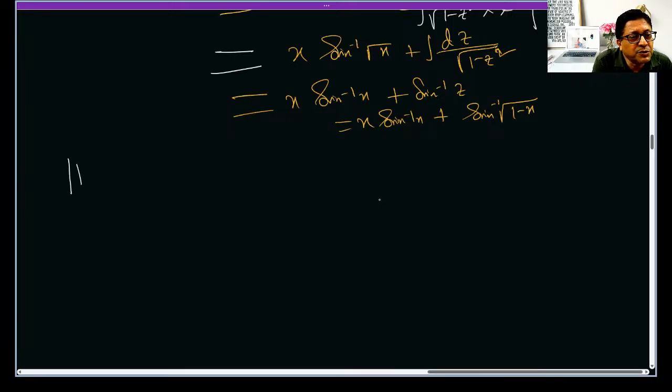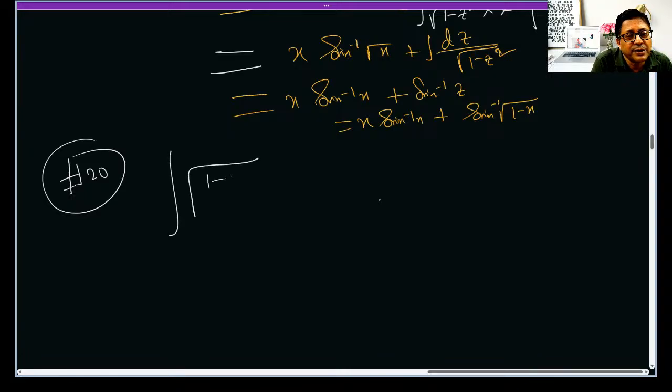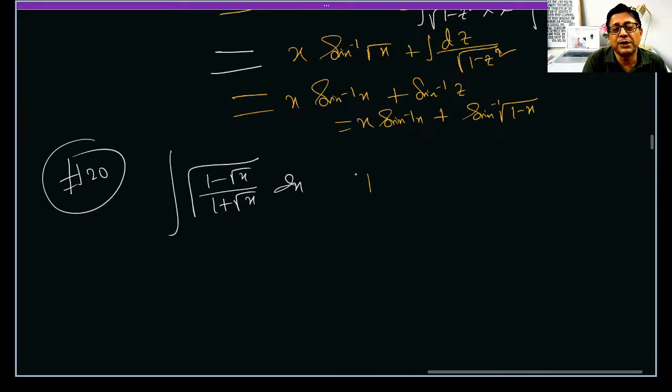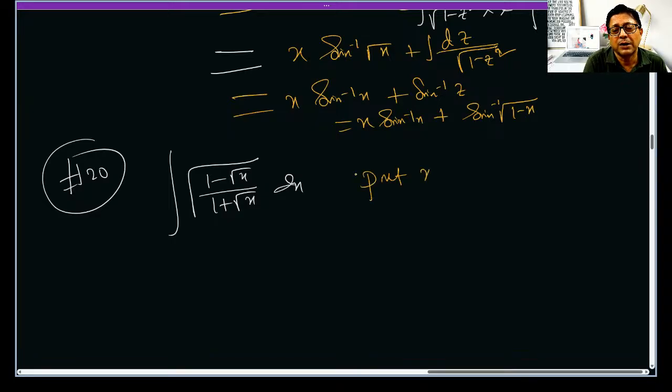How to do sum number 20? What substitution do you make here? I just remind you, you might have done it. Let us do it by the easiest way: 1 minus root x. So the only substitution is, put x equal to cos square theta.